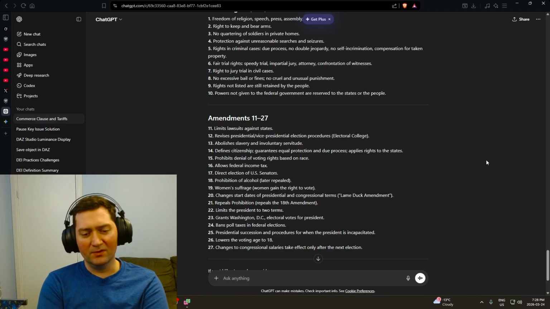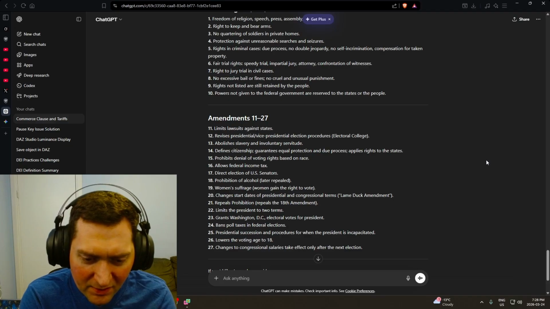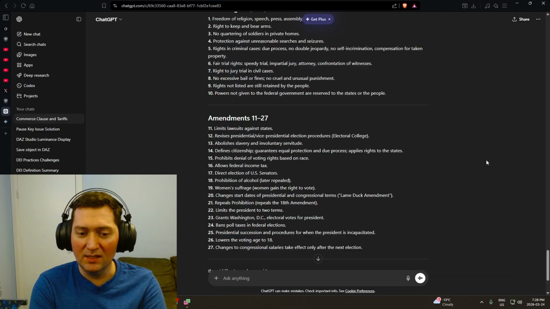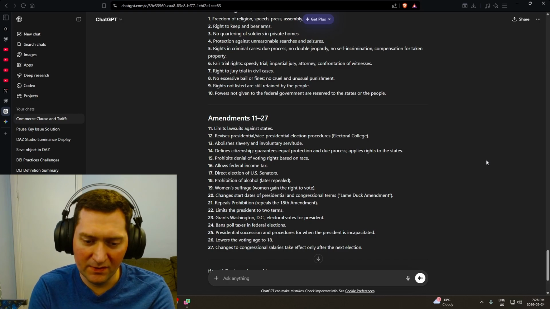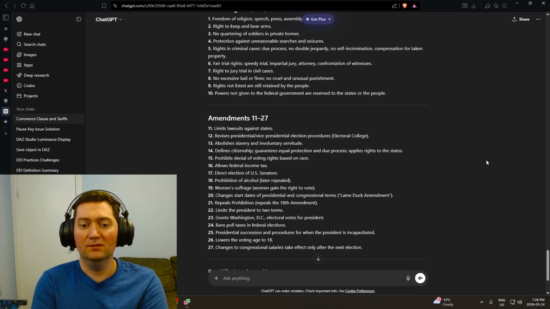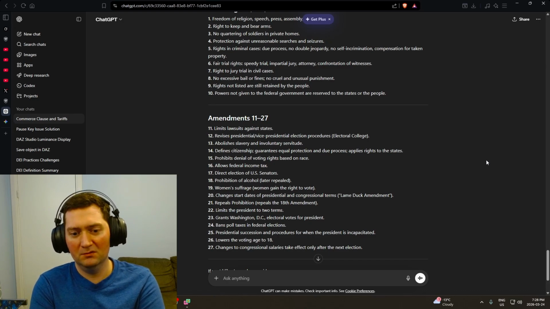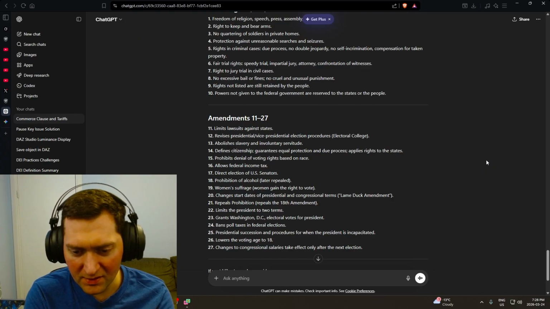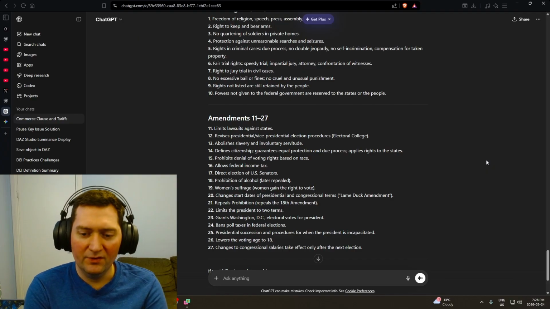And at 24, okay. 25, presidential succession and procedures for when the president is incapacitated. 26, lowers the voting age to 18. What was it before? 27, changes to congressional salaries take effect only after the next election.